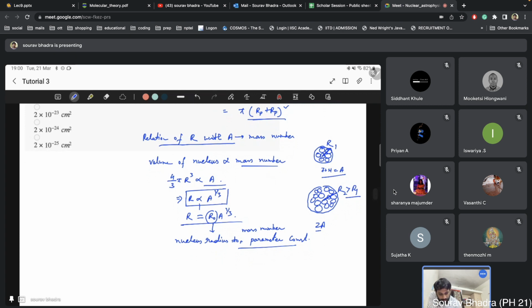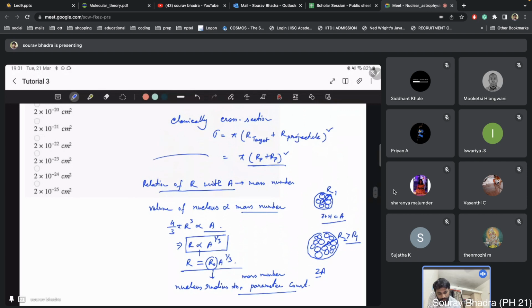Now we will just put it in the sigma which we have calculated. Let me write it here. Sigma equals pi, rp will be r0 A to the power 1/3, and similarly the other will also be r0 A to the power 1/3, whole squared. Then it is just a trivial equation.